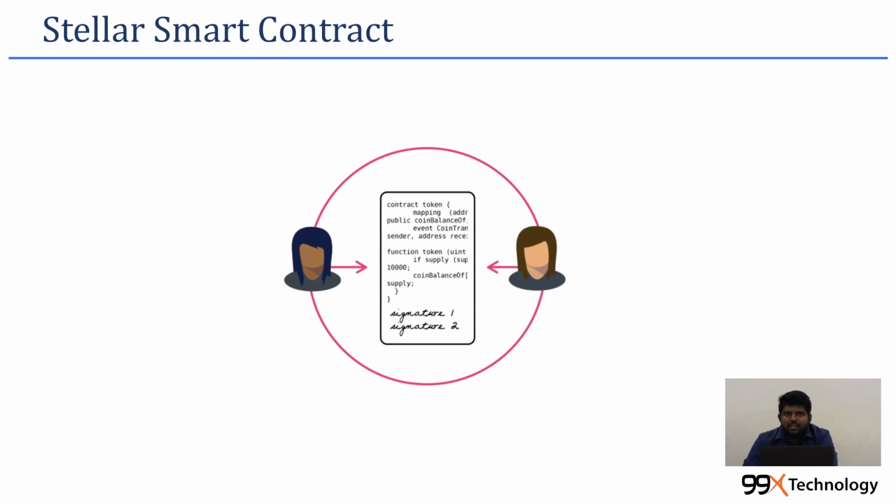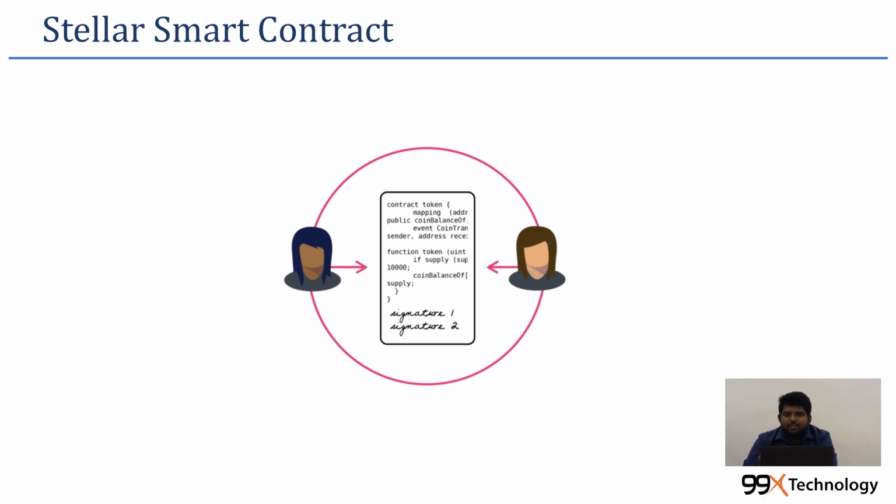So when it comes to Stellar, and if we're talking about blockchain, we ideally need to talk about smart contracts as well. Stellar smart contracts are not as flexible as what is out there in Ethereum or Hyperledger. The difference is that we cannot write our own logic in Stellar as a smart contract, but still they have a set of operations, so we can use the operations and play around with that, and we can build highly secure smart contracts, especially using multi-signature features and sequence.